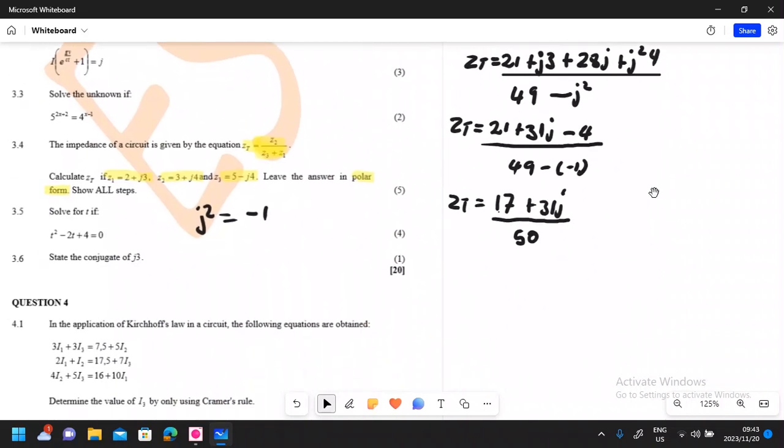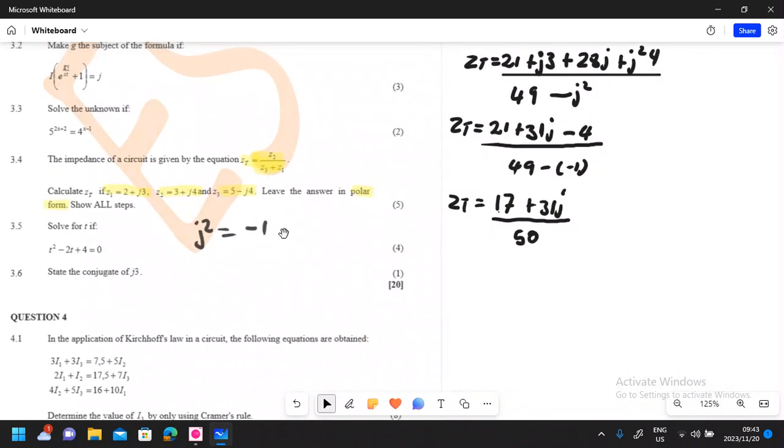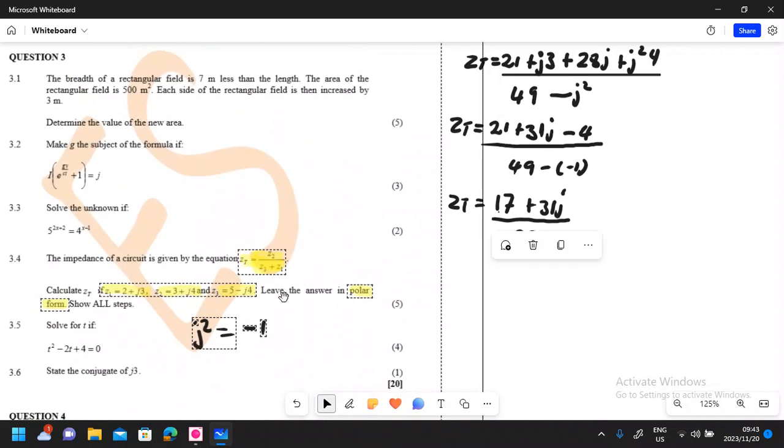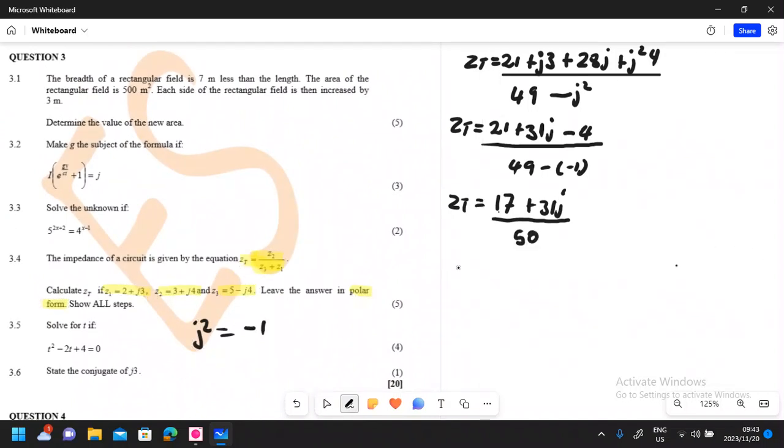All right, this question might take longer because there's a lot happening here, so bear with me guys as we solve this one. So we can say total impedance, we have 17 over 50. Remember, they are divided by one denominator. We can separate it this way, and then we have 31j divided by 50. It's the same denominator. So what I did here is the same as what we have here, guys, right? So for total impedance, we want to get rid of the fractions.